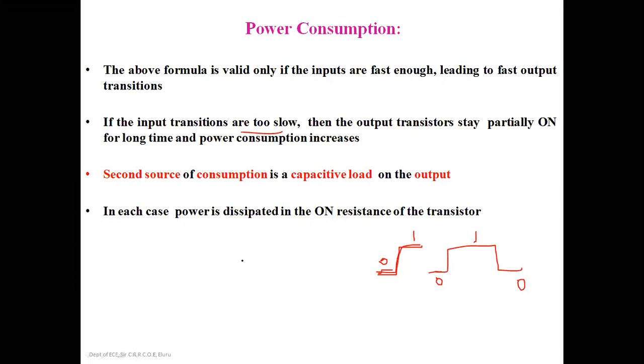If the inputs switch fast, the output changes accordingly. But if the inputs change slowly, the transistors in the CMOS inverter circuit will be on for more time. When the transistor is on for a long time, it obviously consumes more power.